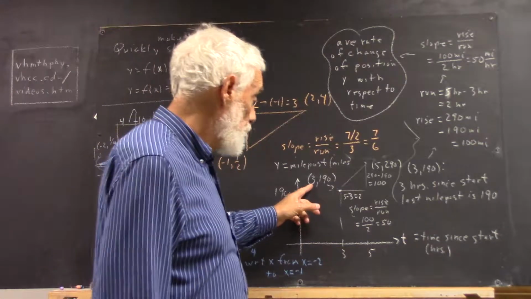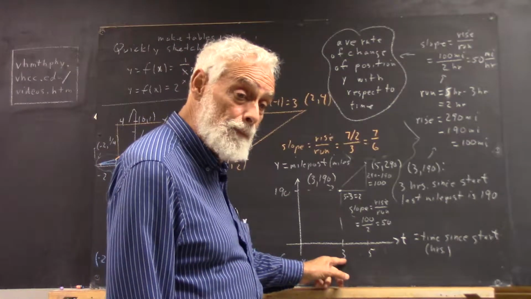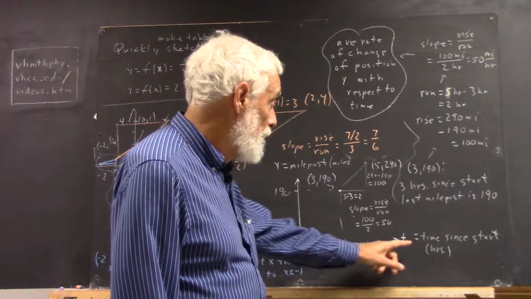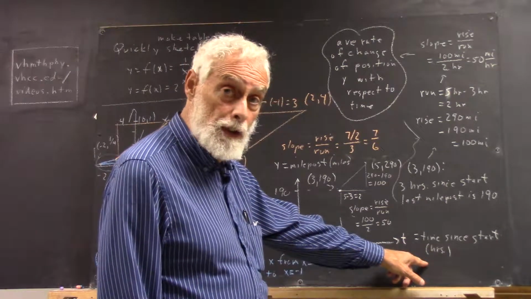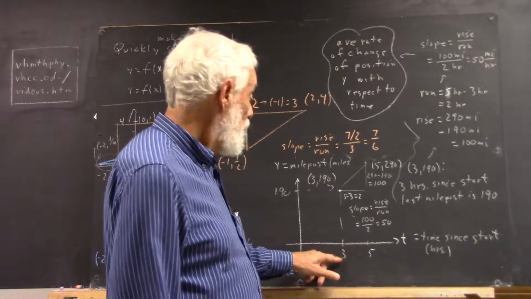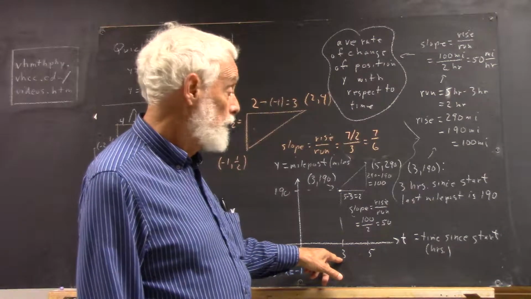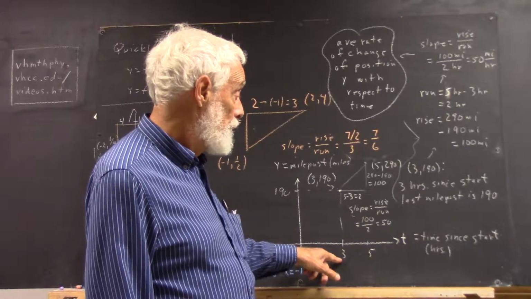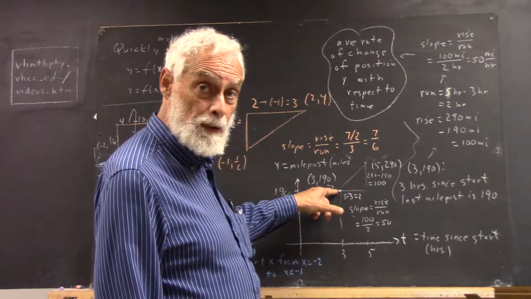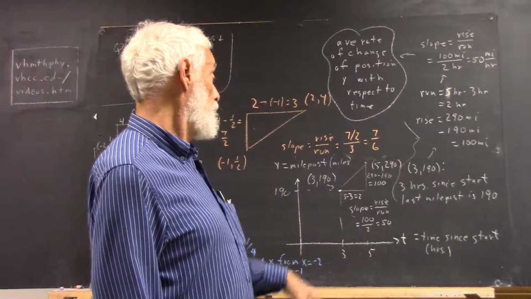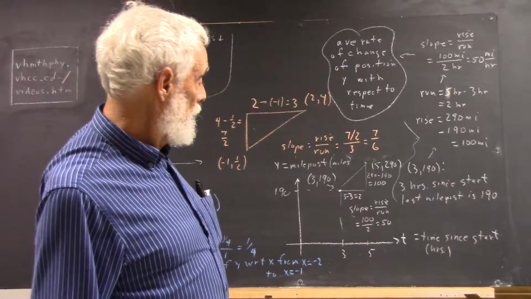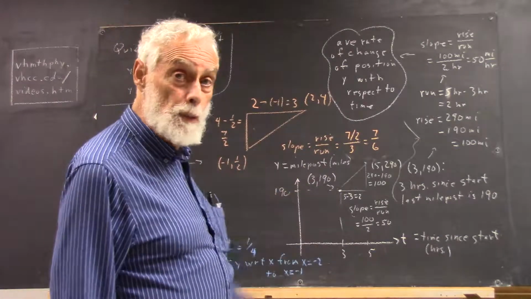Well, 3 is your first coordinate, and 3 is the time since you started, in hours. So this is 3 hours after you started. This point represents something that happened 3 hours after you started. Now, what does the 190 coordinate tell you?